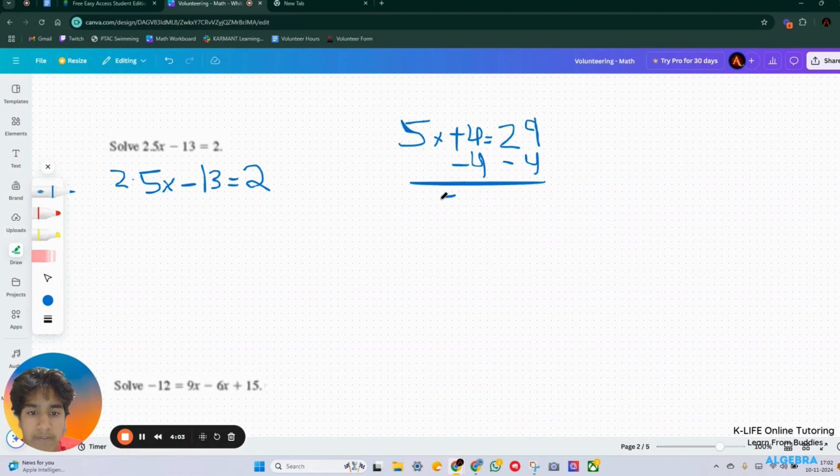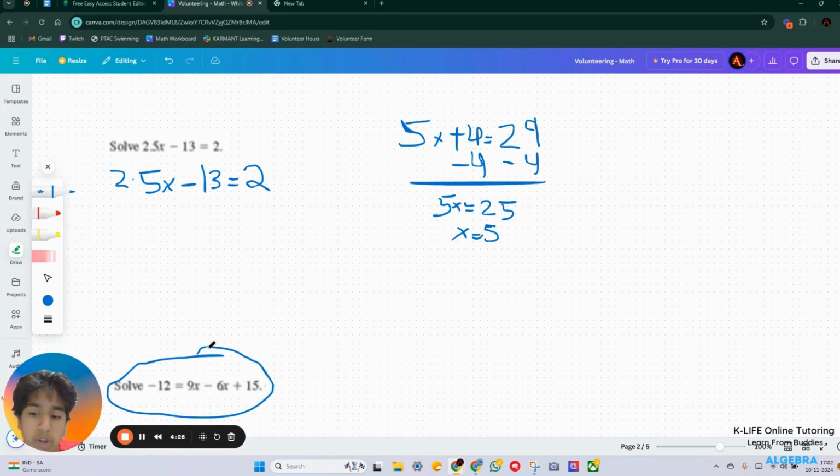You get 5x equals 25, and x equals 5. That's basically what this question is. It's what we did last class, we're just doing it again. This is just one practice problem.